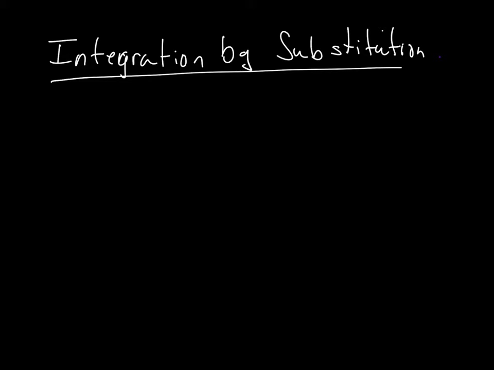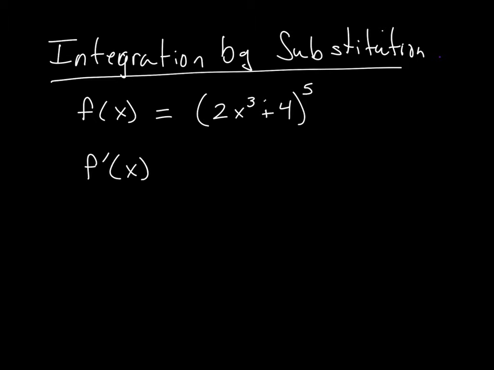So if we go backwards for a second and I said f of x was equal to 2x to the third plus 4 to the fifth power, to take the derivative of that, we needed to say that u was equal to 2x to the third plus 4, right?